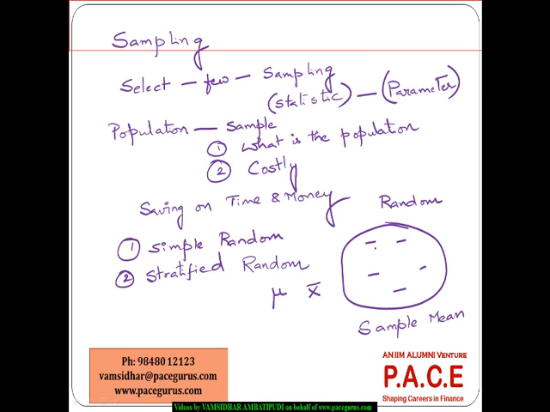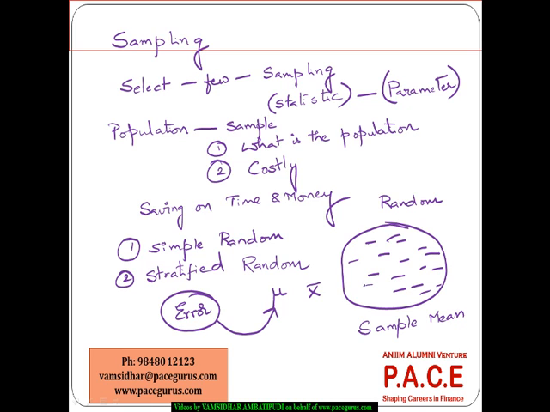Now, what is the advantage of just collecting this sample? We have already said one, we can save on time, the other we can save on cost. But at the same time, there is a possibility of an error when I have to predict the population mean, because I did not consider all the elements of this population.